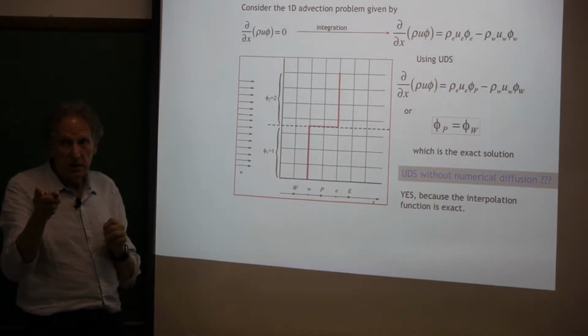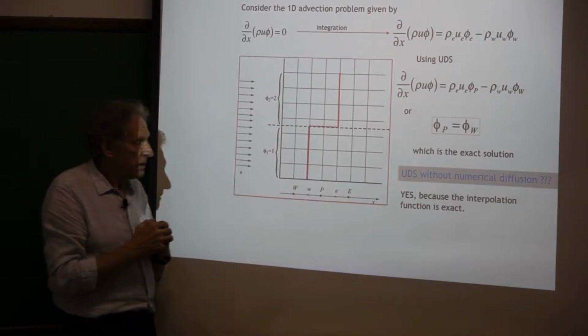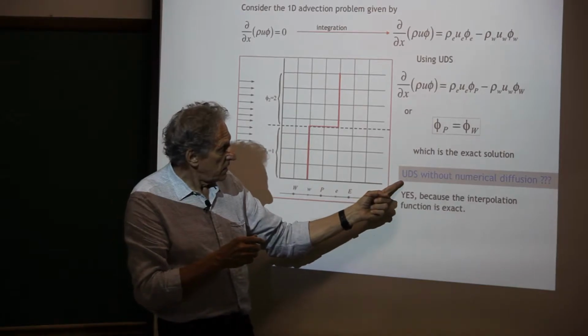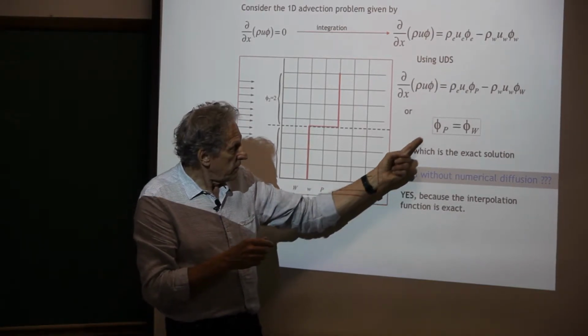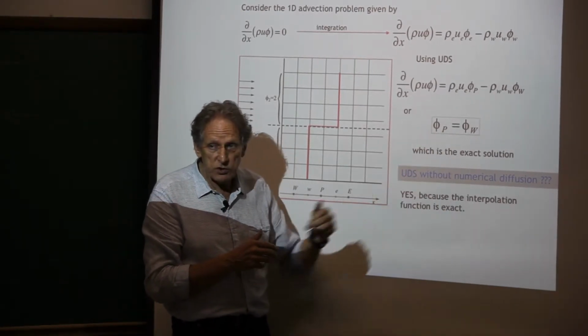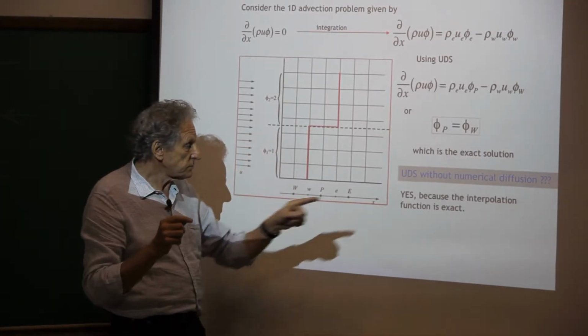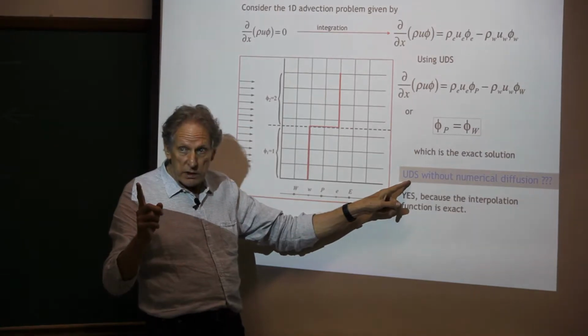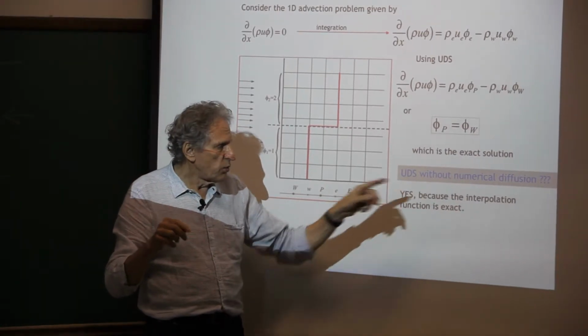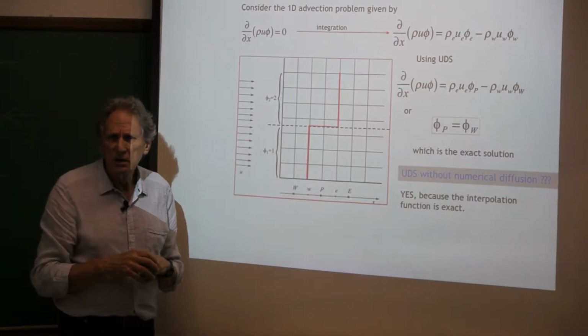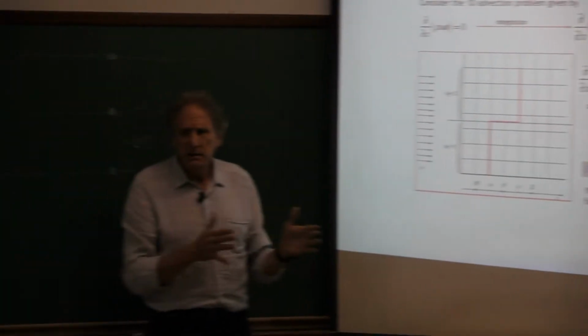And you are using upstream. And then you have that, which is the exact solution of the equation. So you are using the upstream differencing scheme without numerical diffusion. So how come?